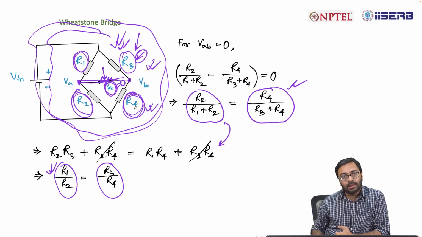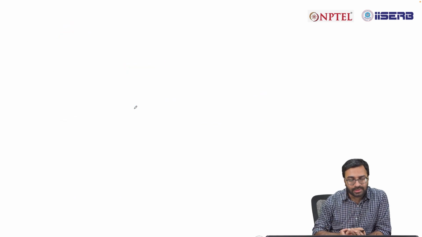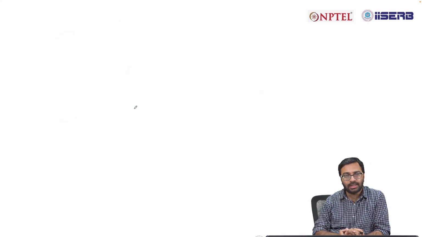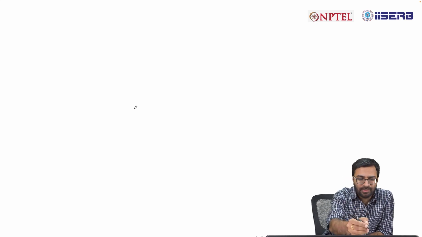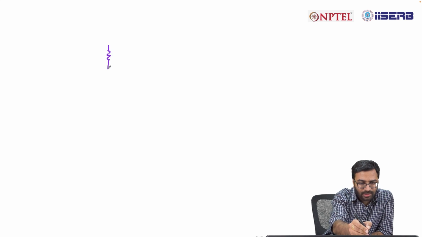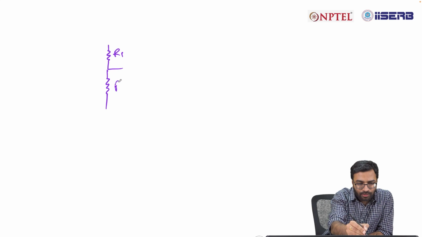However, if I discuss how this voltage divider circuit helps in integrating a sensor to a system, then it's again very simple. We already have discussed, say you have R1 and then you have R2.